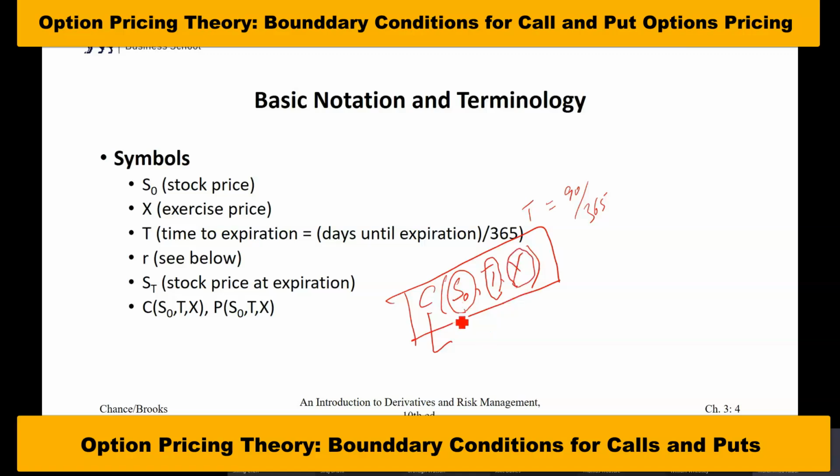So this is the call price for a given time period at a given exercise price for a given underlying in the spot. This is representing the call price, and this is representing the put price.